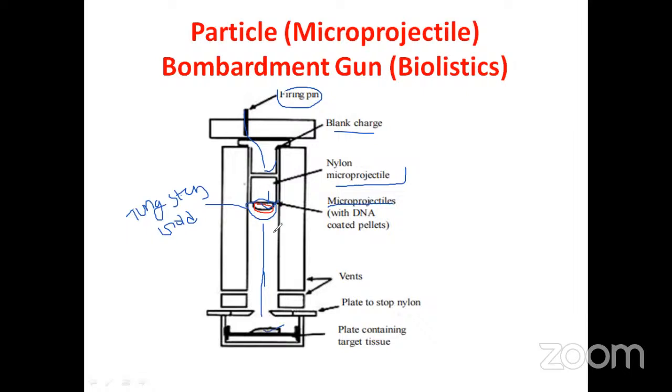So this is the bombardment method, in which the desired gene is coated with tungsten or gold. After the gun is fired, the high velocity forces the target gene into the tissues. So this is the particle or bombardment gun method.